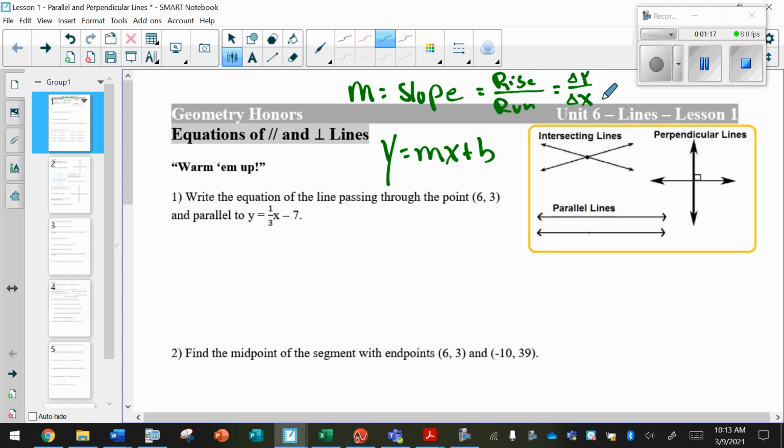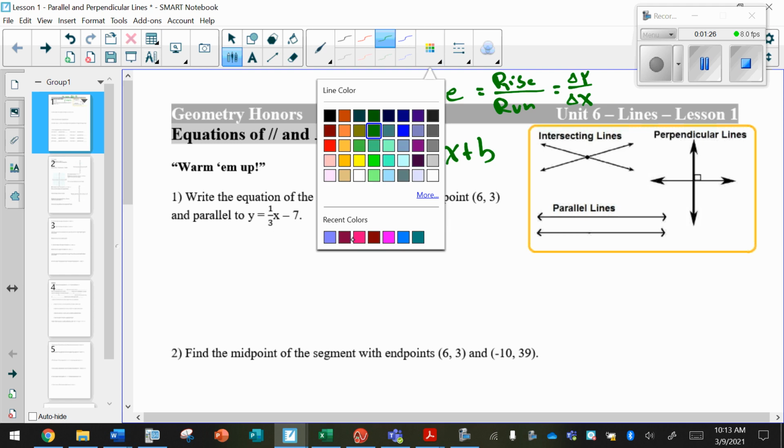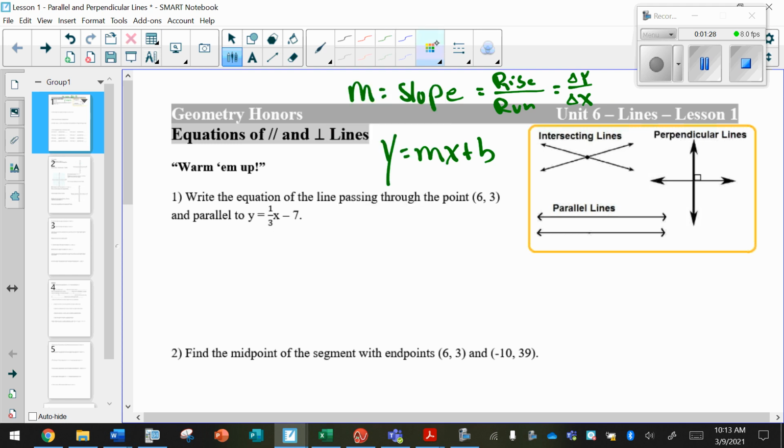Write the equation of the line passing through the point (6, 3) and parallel to y equals 1/3 x minus 7. What you should remember is that parallel lines have equal slopes. So knowing that the slope of the given line is 1/3, because it's the number next to the x, we are going to use the y equals mx plus b form of the equation of a line.